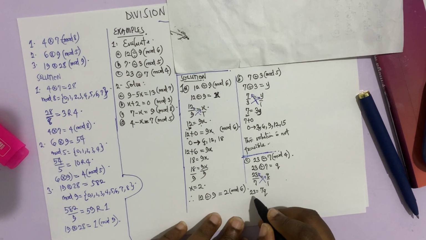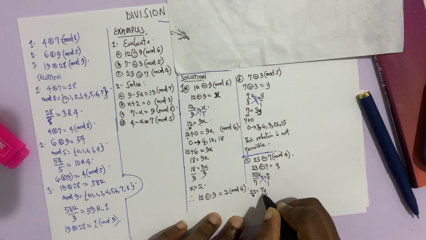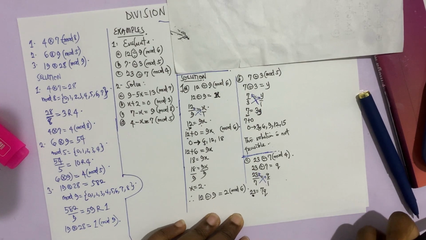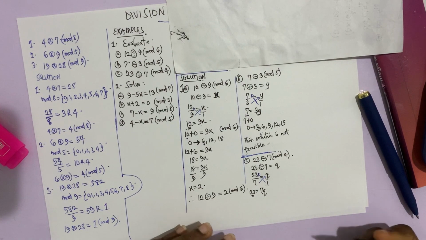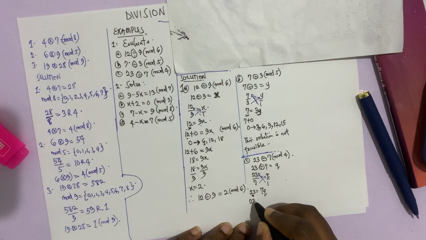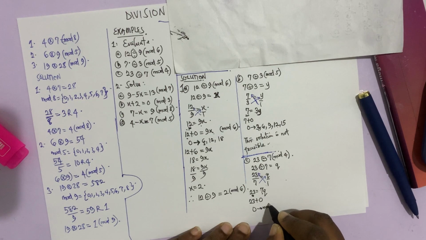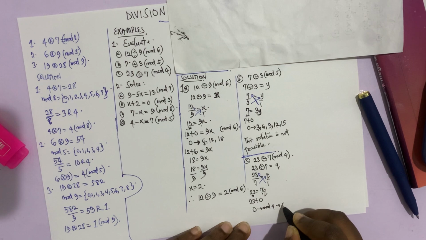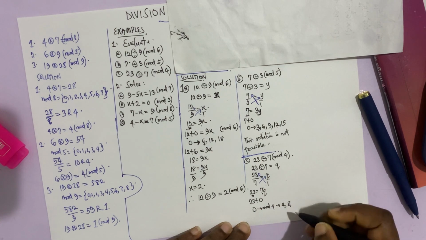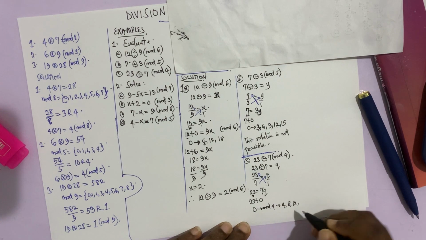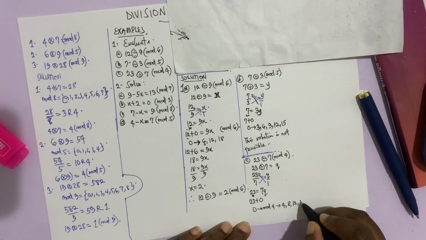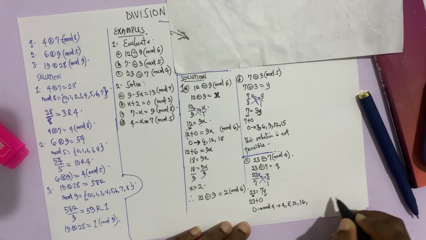We need to change this 23 such that it is a multiple of 7 that is divisible by it without remainder. So we add 0 to it, but values of 0 in modulo 4 could be 4, 8, 12, 16, and so on.